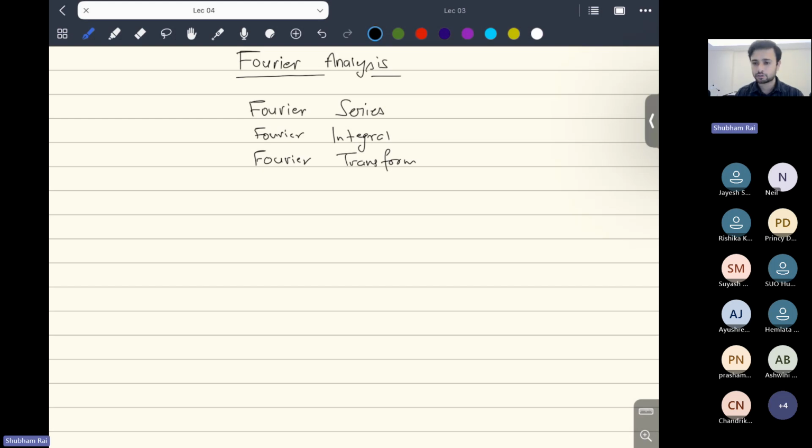Before that, I would like to talk about periodic functions. So what are periodic functions? Obviously, functions which repeat after a certain period of time. Now, my question is, are periodic functions always continuous?